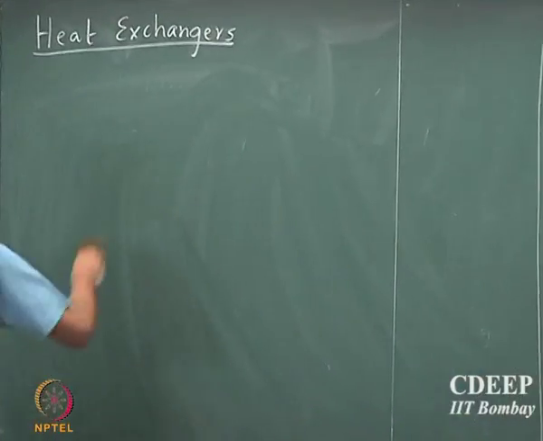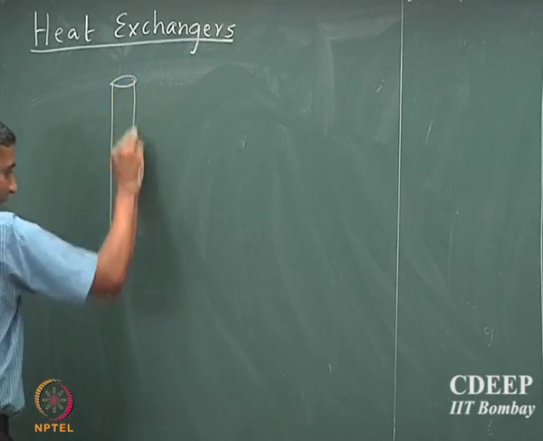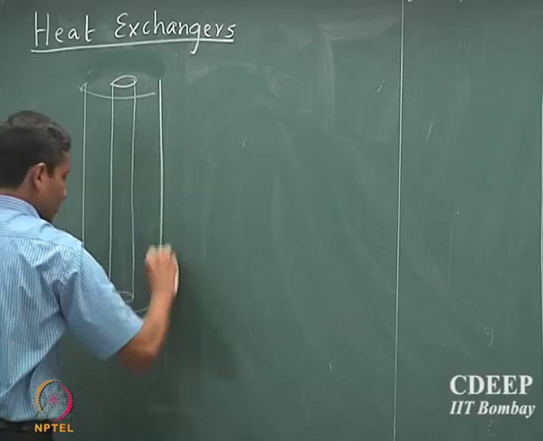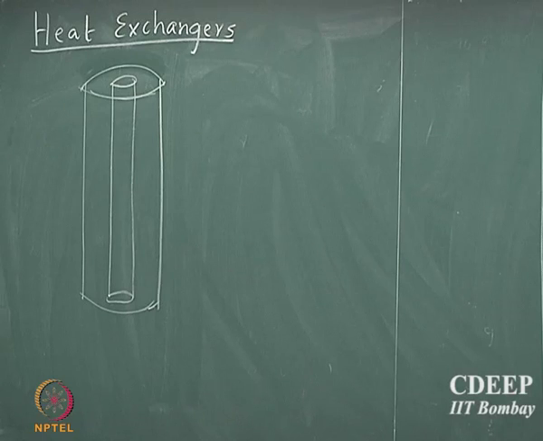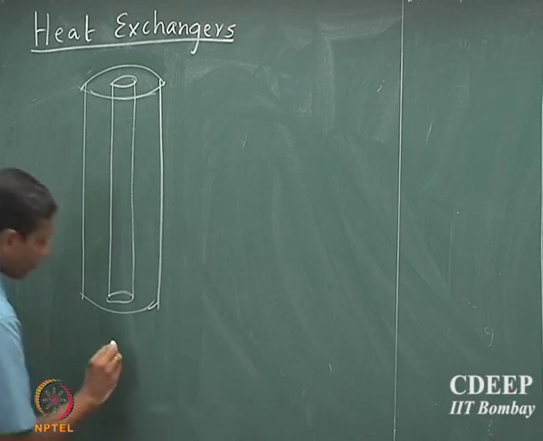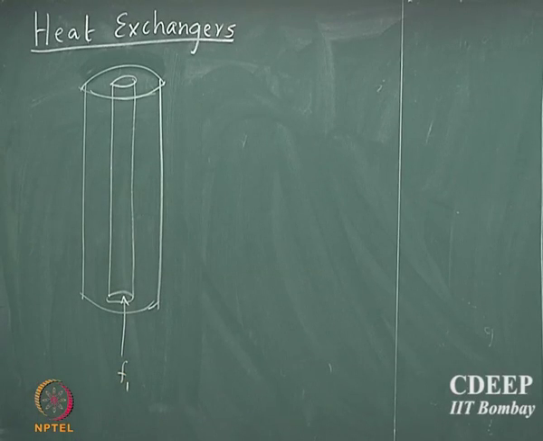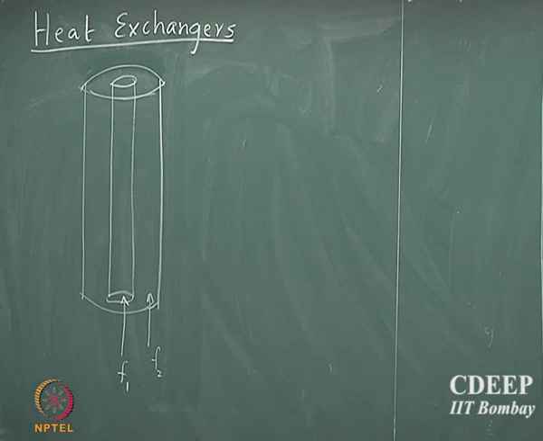Okay. So, double pipe, all of you have seen, it is very simple. We just have two pipes. So, we have a double pipe heat exchanger, and you could have one fluid, let us say I call it fluid 1, which is flowing through the inside tube, and another fluid, fluid 2, which is flowing through the outside tube.